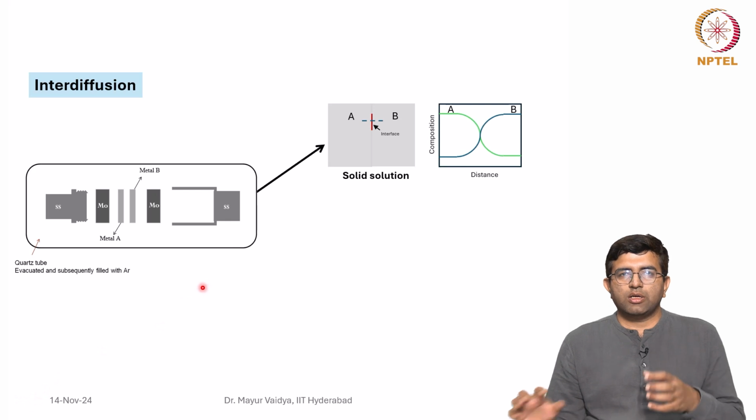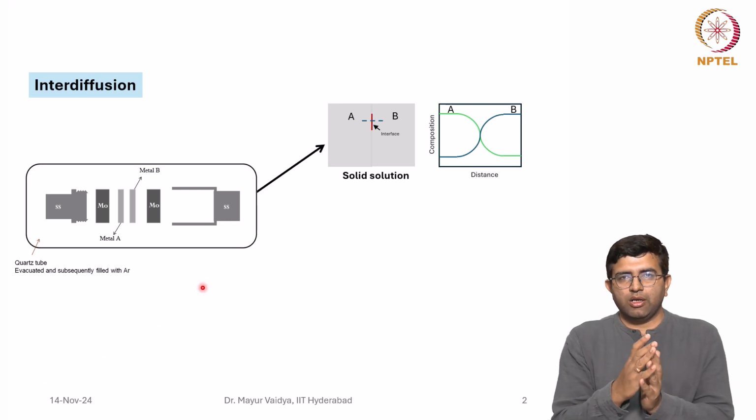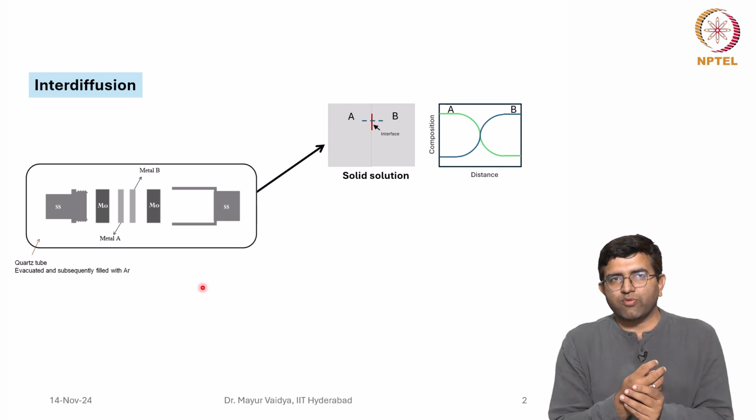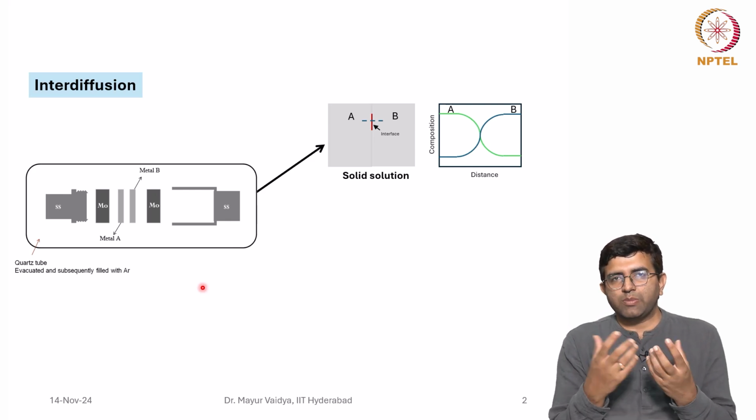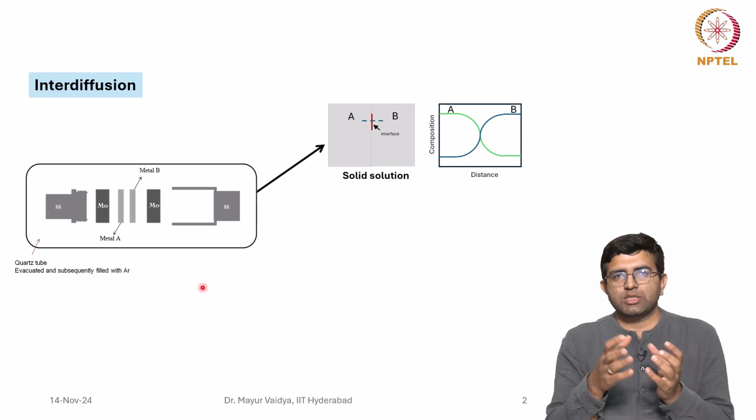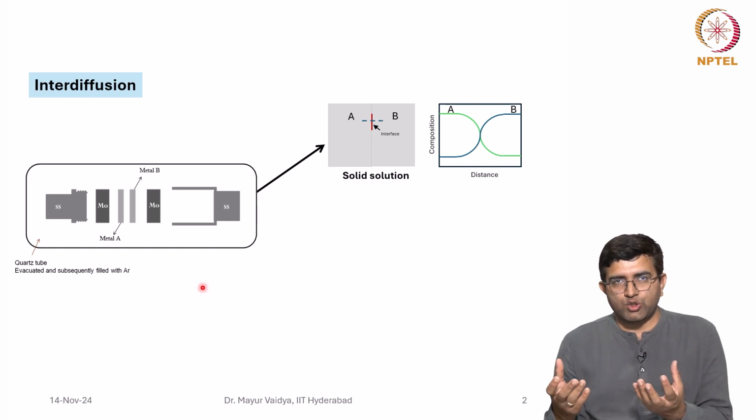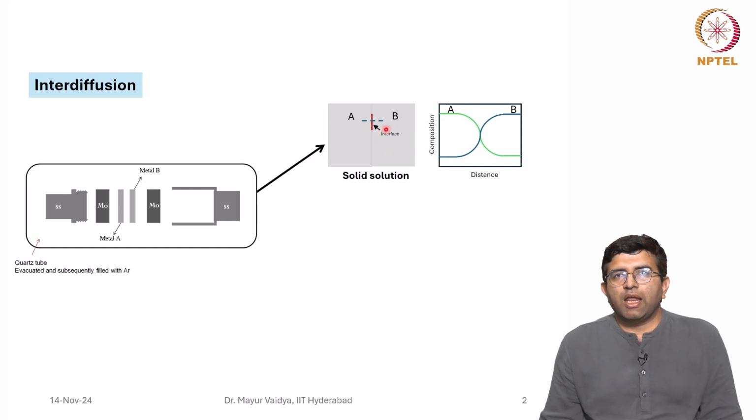Once the annealing is done, once the interdiffusion takes place, predominantly you can have two types of phases or structures developed in the interdiffusion zone. One, you can have a solid solution formation in the interdiffusion zone.